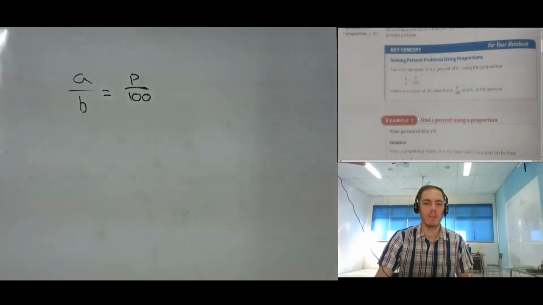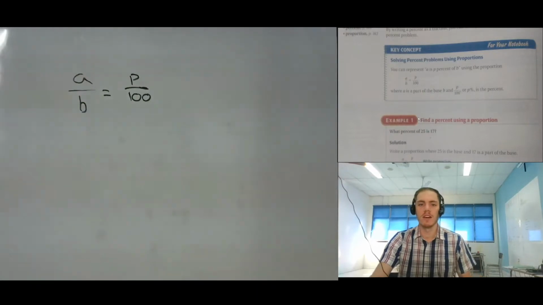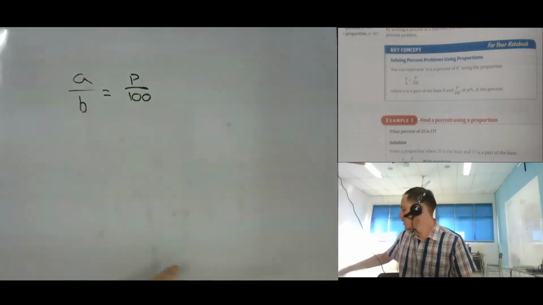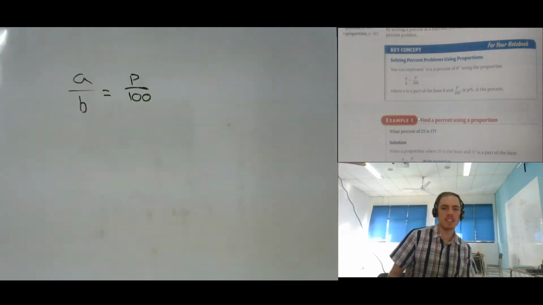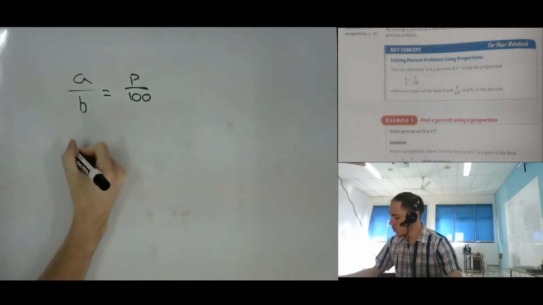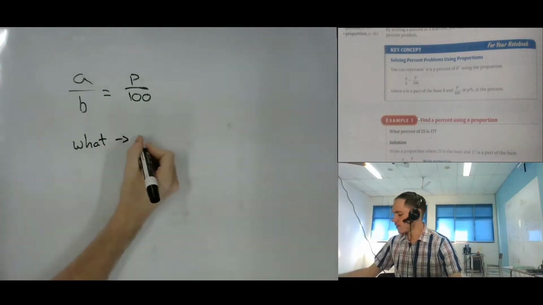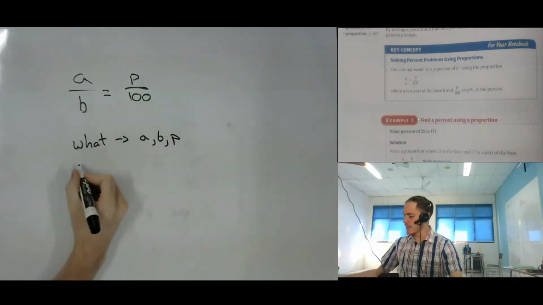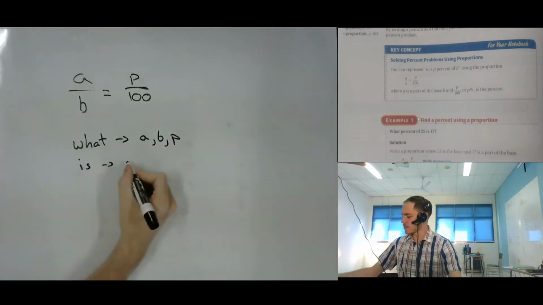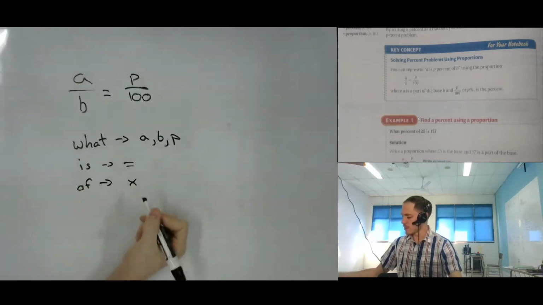When you solve percent problems, there are some key words we need to look for. Whenever you see what, that's going to be our variable, so either A or B or P. Is means equals, and of means times.